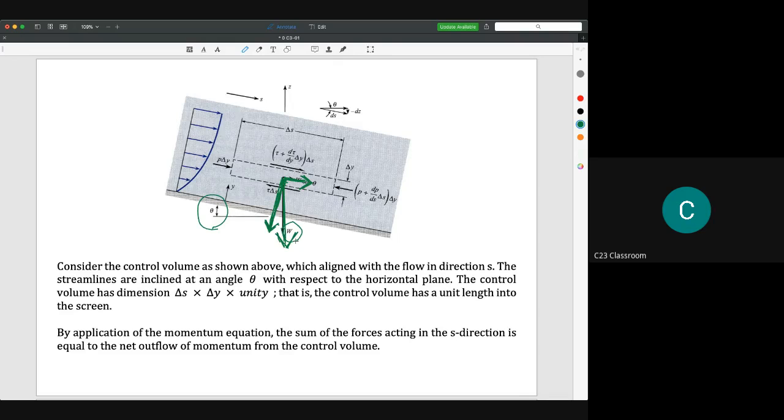I think you know that it can be resolved into two components, and the component parallel with this plate is W sine theta. So these are the three forces that act on this element, this control volume.